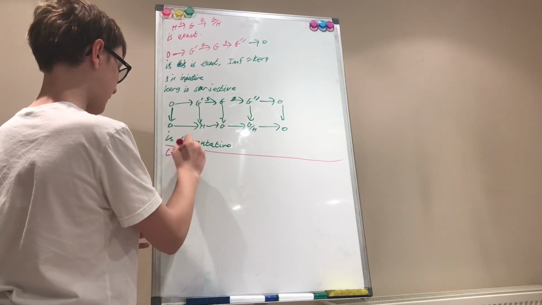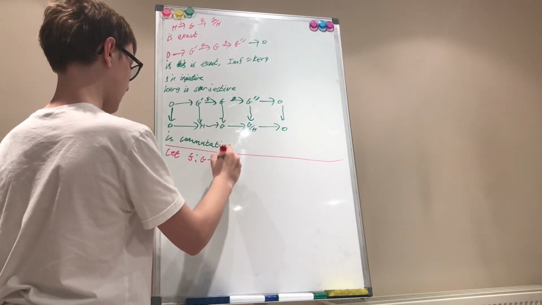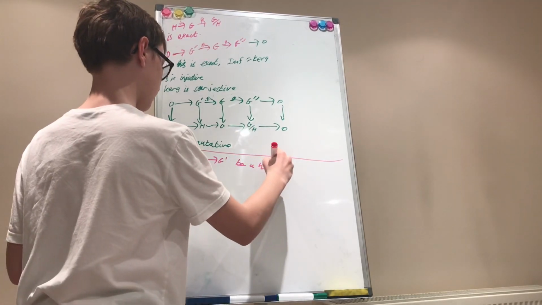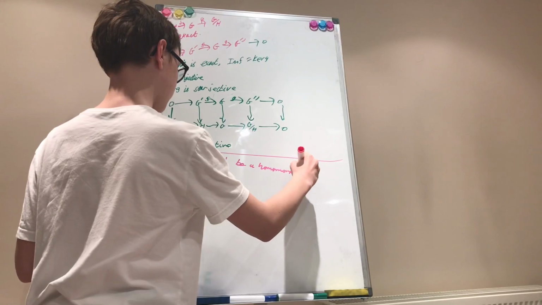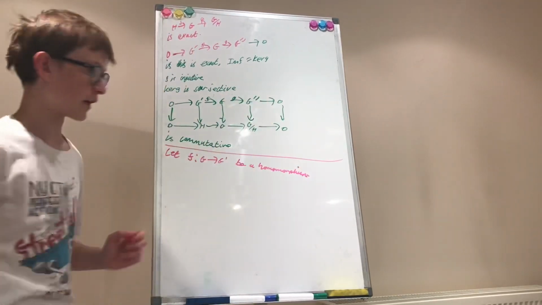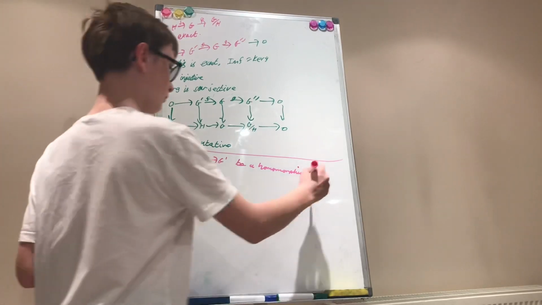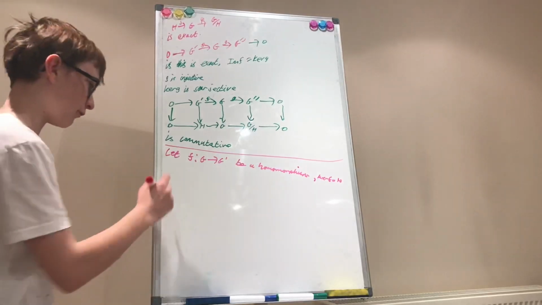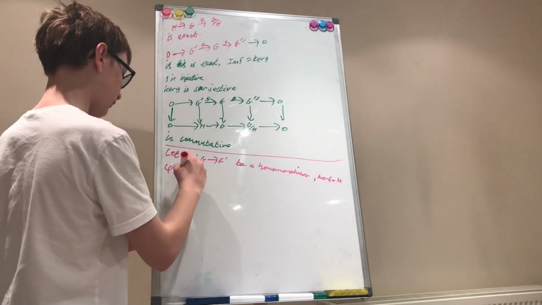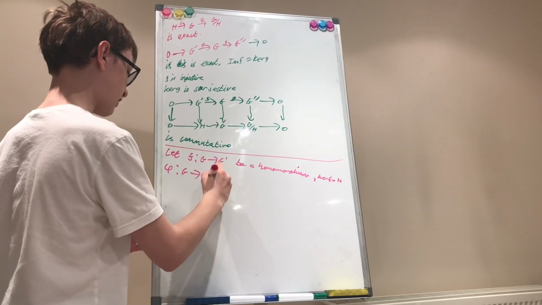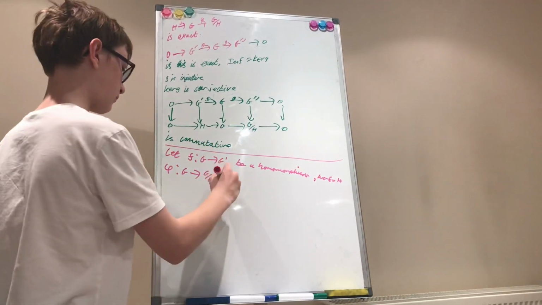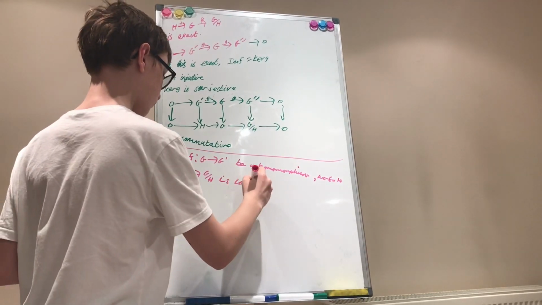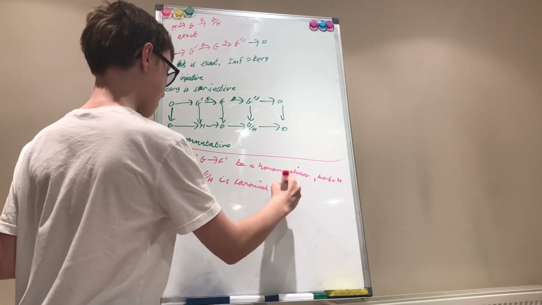Let f from G to G prime be just a normal homomorphism, now with kernel H. And now let phi be the canonical map, which takes you from G to G mod H.